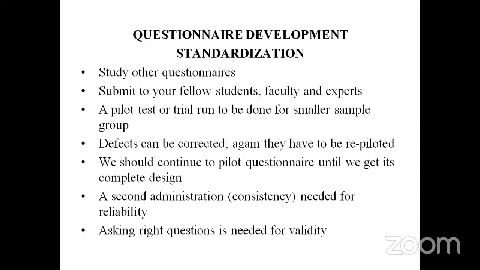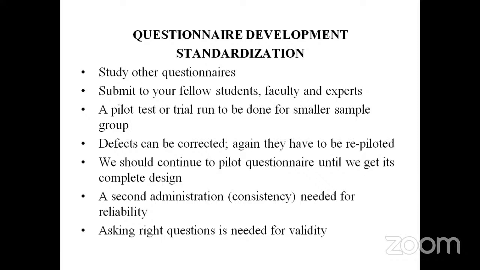Second point: you frame a set of questions and submit them to your fellow friends or students, faculty members or experts and get their opinion, because unknowingly you might have done some wrong things. So get opinions from your closely related persons.